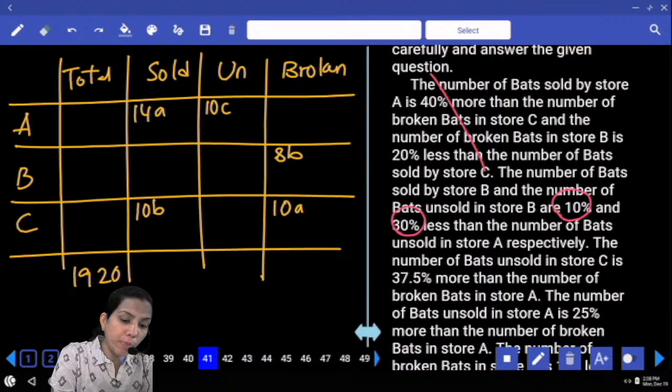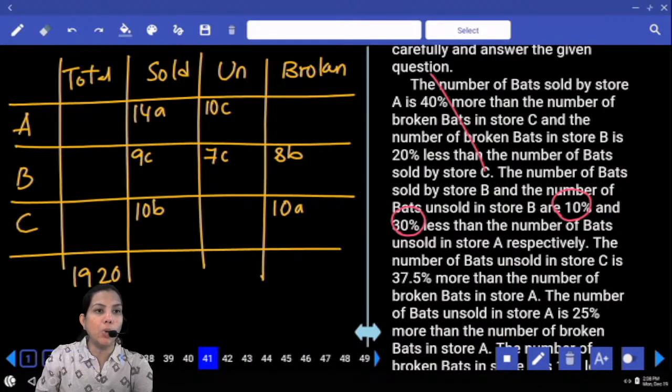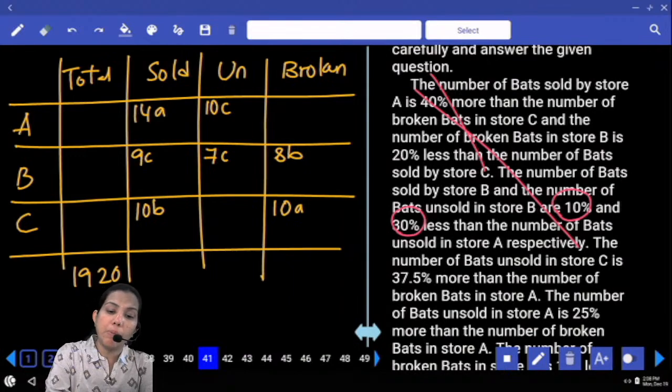So sold of B is equal to 9C and unsold of B is equal to 7C. 30% less, so 7C. Up to here it is complete. Next, the number of bats unsold in store C is 37.5%, meaning 3/8, more than the number of broken bats in store A. If the broken bats of store A is equal to 8D, compared to 8D, unsold of C is how much more?